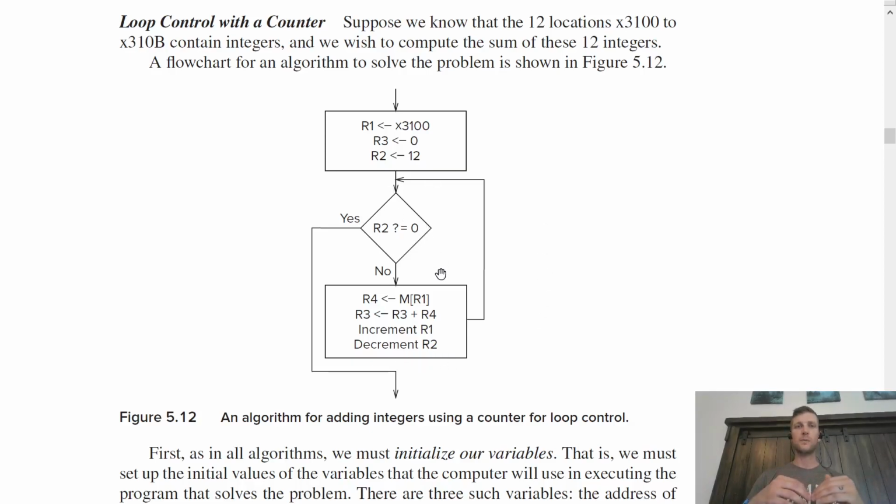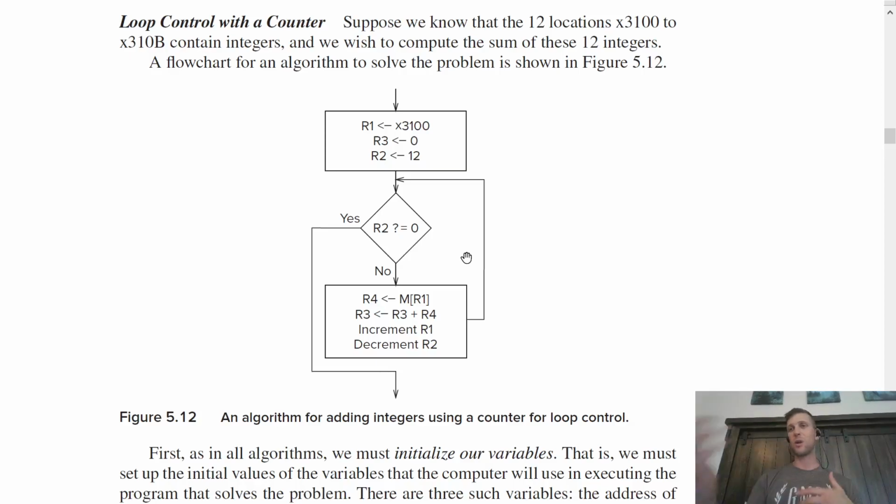So for a loop with a counter, it's very common to start with a positive number and decrement on each cycle until we get to 0 and then exit the loop. I suppose potentially you could start with a negative number and increment up to 0 if you wanted. In either case, it's easiest to count your way towards 0 because remember that this diamond here is going to get converted into a branch instruction, and the LC3, like many computers, does not have a branch if the condition codes are equal to some value or something like that.